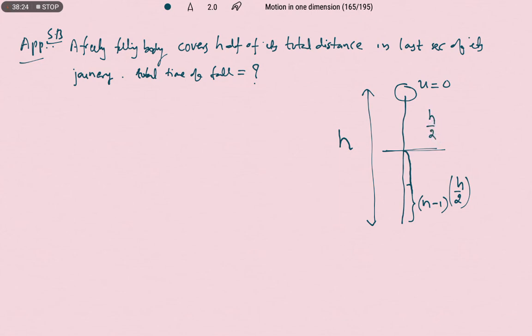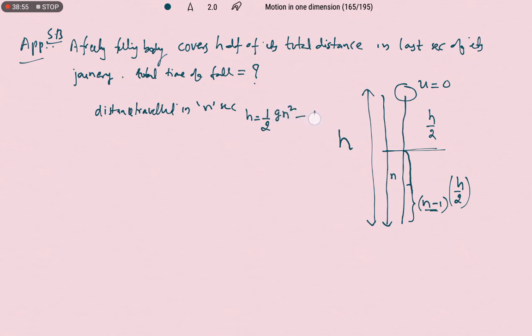So I am writing the distance travelled in the last second is in the n minus 1 interval, and I am taking the total time of the fall as n. Therefore, distance travelled in n seconds, in total seconds, I am writing h is equal to half g t square.